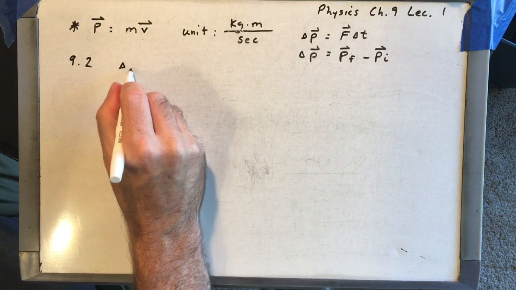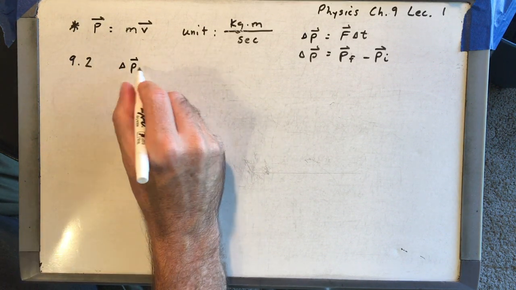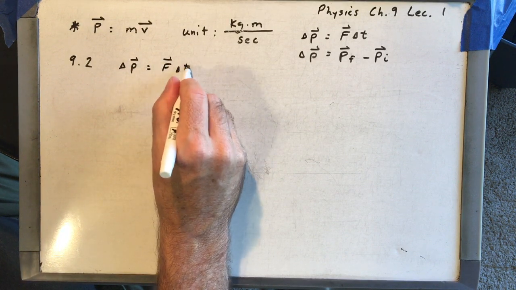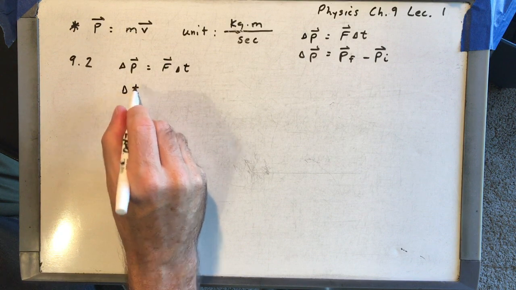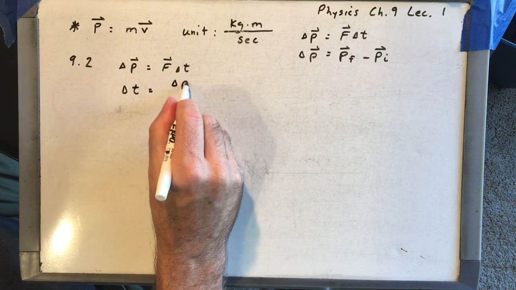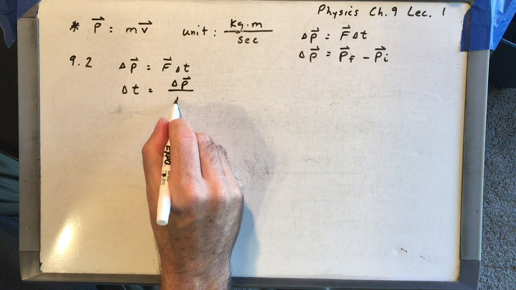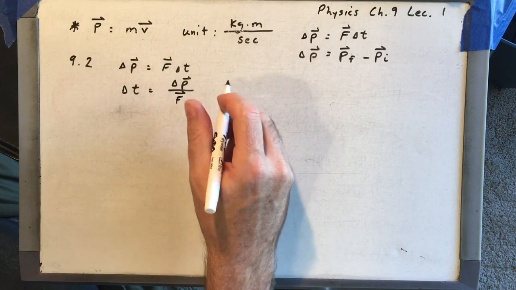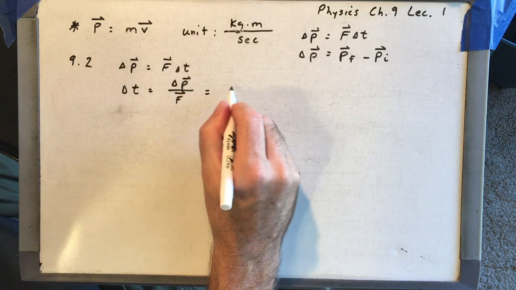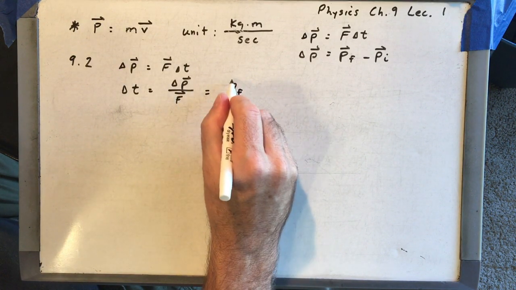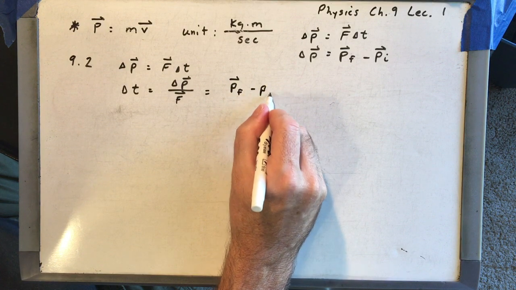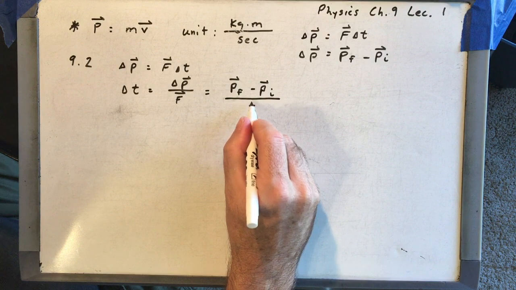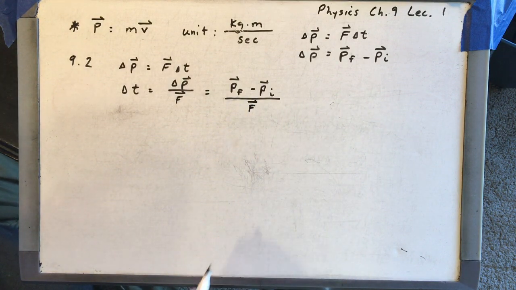Okay, so we know that the change in momentum, or impulse, is equal to the force times the change in time. We are solving for change in time, so that's going to be the change in momentum over the force. Change in momentum we know is the final momentum minus the initial momentum over the force.